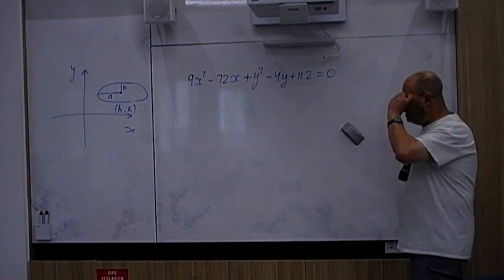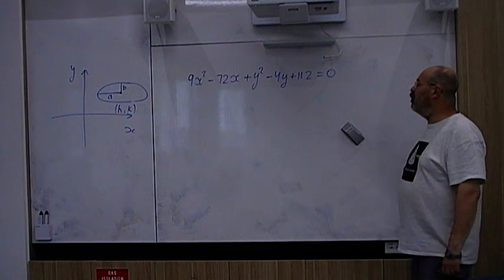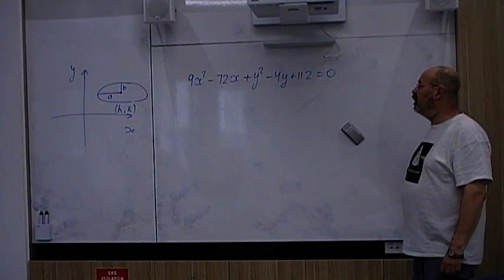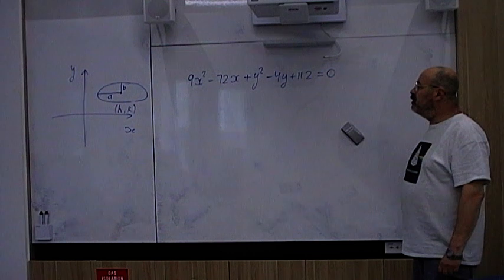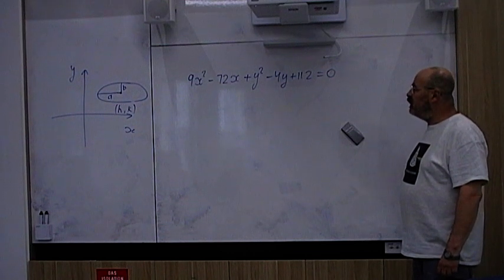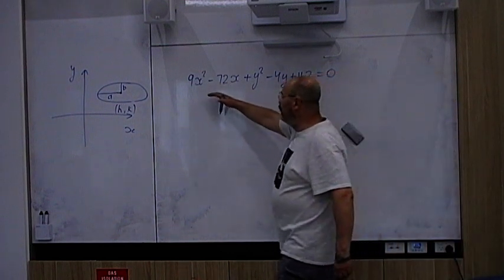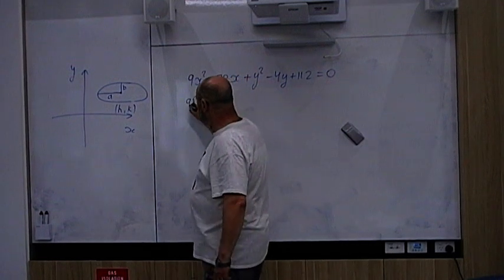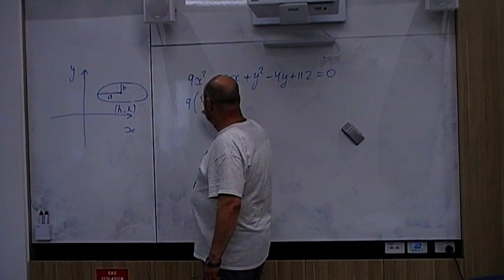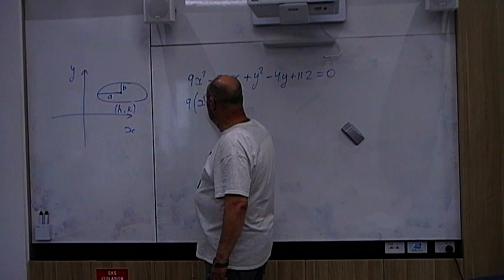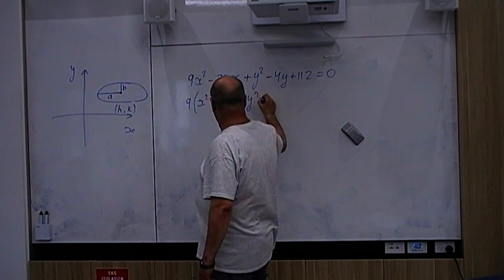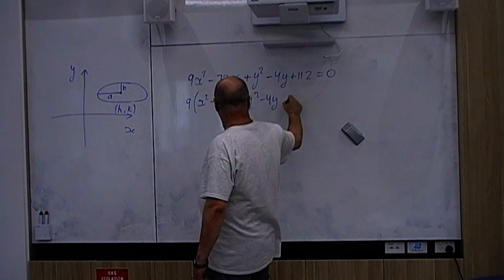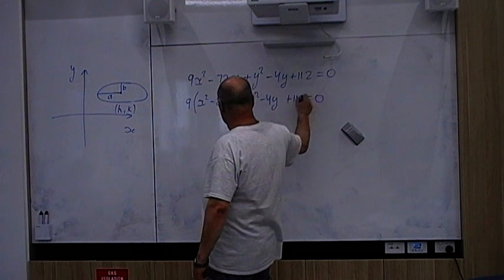Complete the square. So, before completing the square, we take 9 as a common factor for x. We group first: 9 times (x squared minus 8x) plus y squared minus 4y plus 112 equals 0.